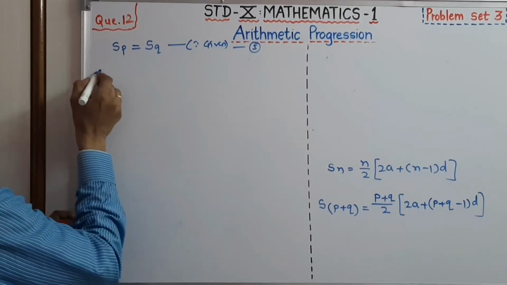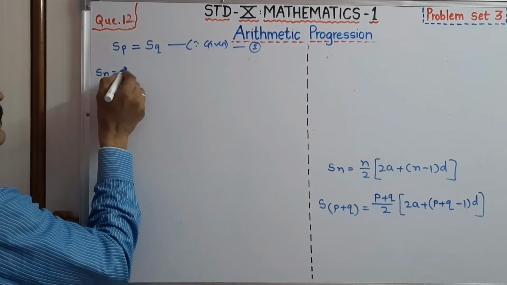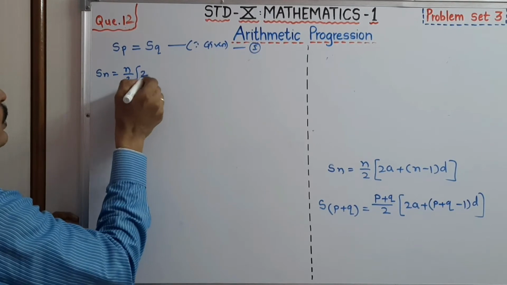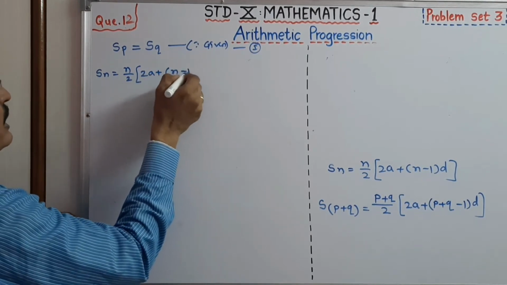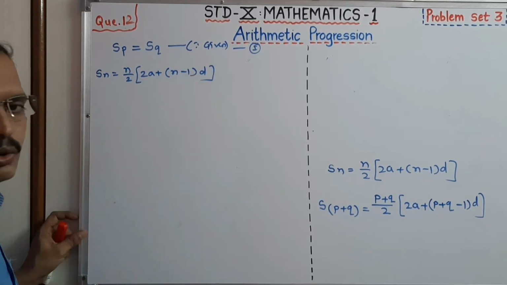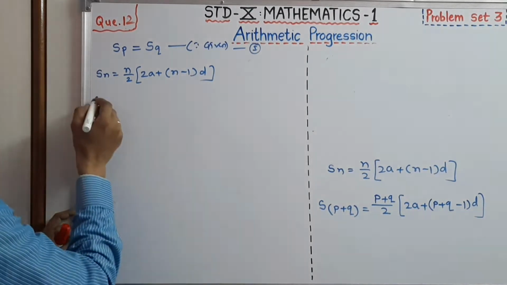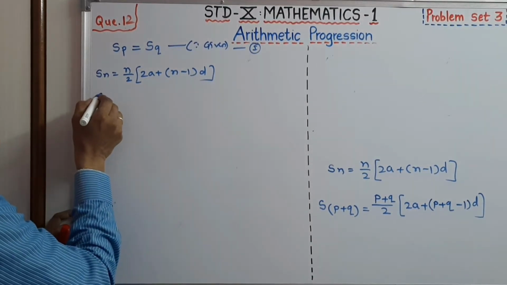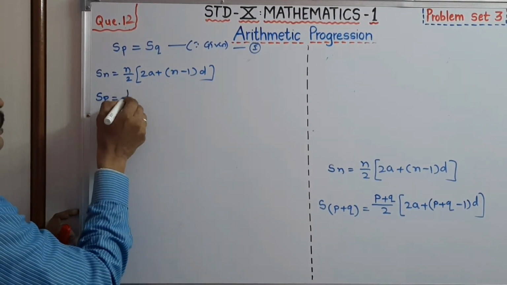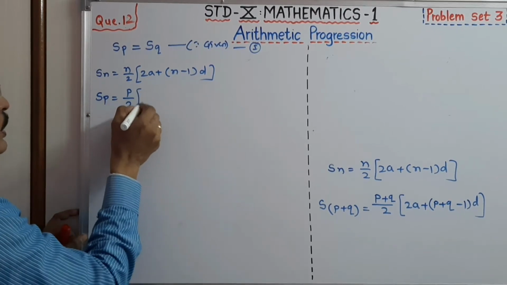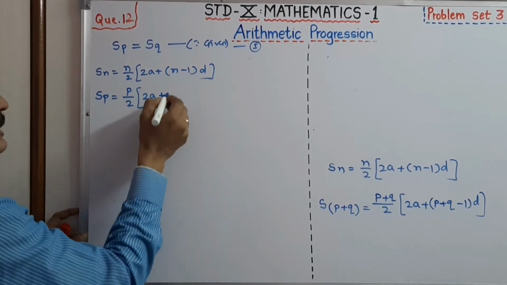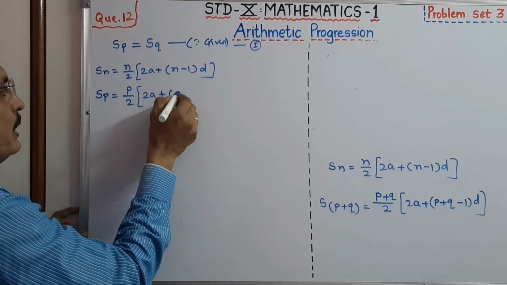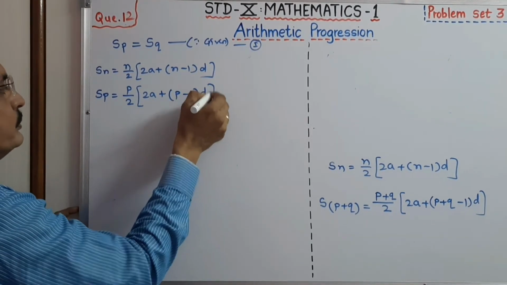Now see here, Sn is equal to n upon 2 into 2a plus n minus 1 into d. All of you know this. Now Sp is equal to p upon 2 into 2a plus p minus 1 into d.